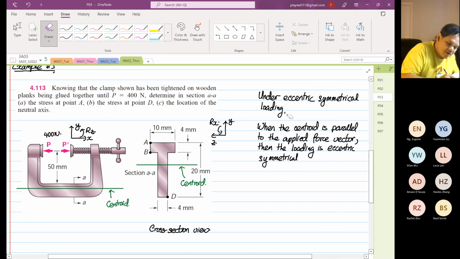Yeah, I should not call it loading, bending. Okay.